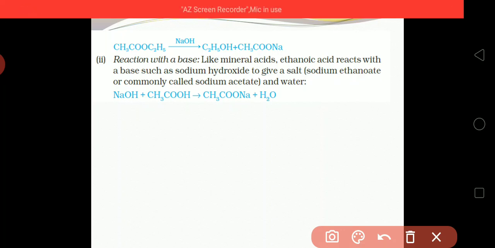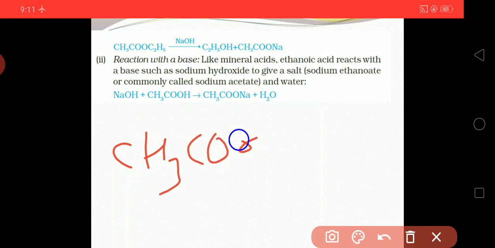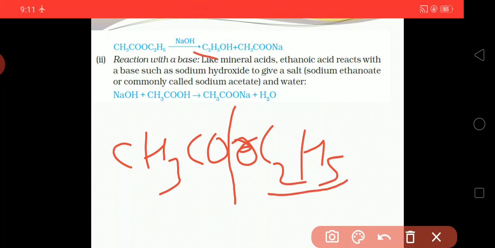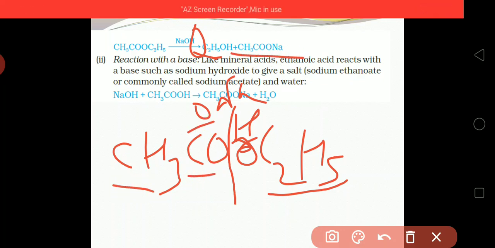The ester breaks from here, so it will be C2H5, with O and H forming the alcohol, and CH3COONa. So this will be your reaction.